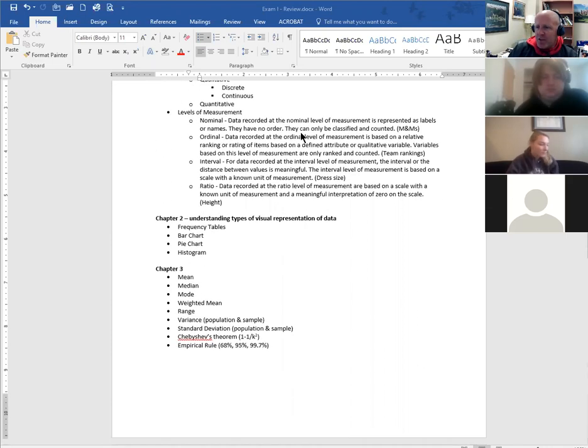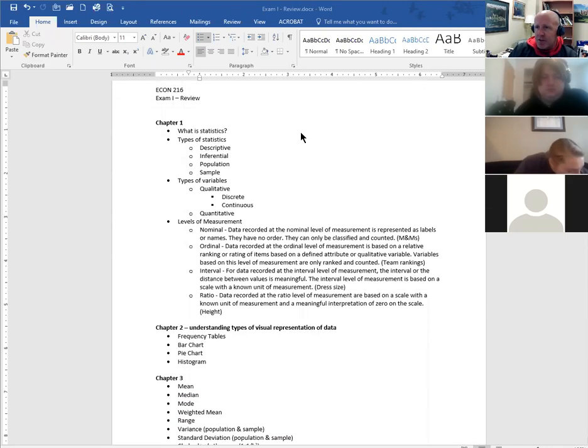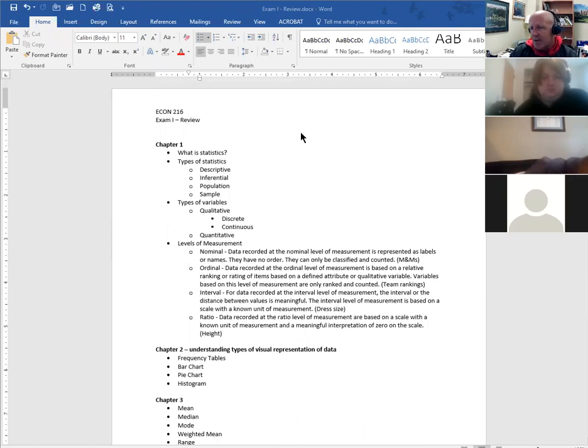So I've basically just put down various things within the different chapters that could be covered. These are the things that I think are most important out of these chapters. So chapter 1, just kind of the basics. What is statistics, right? And understanding how we're taking large amounts of data and trying to put them together into things that are useful and make sense, that we can make decisions off of.